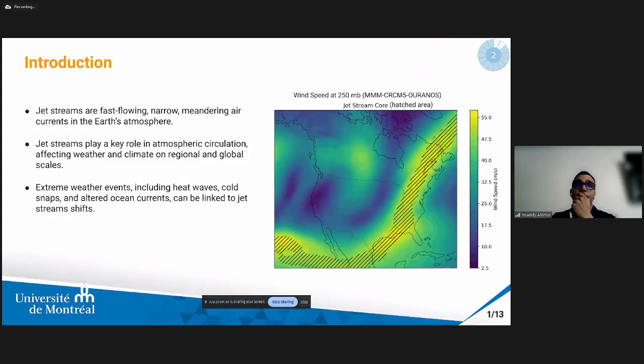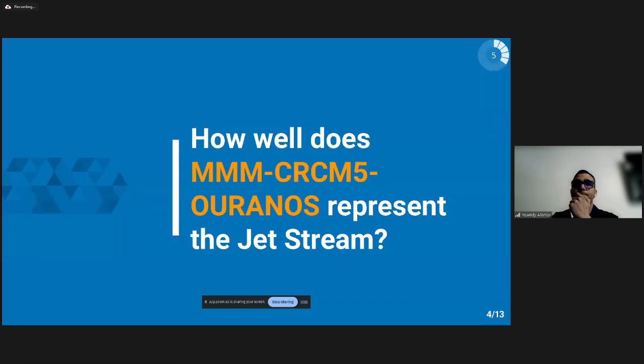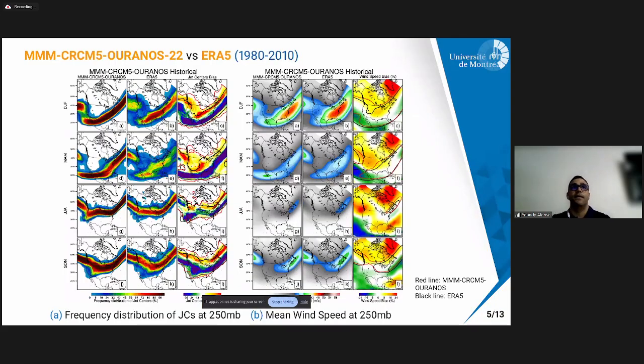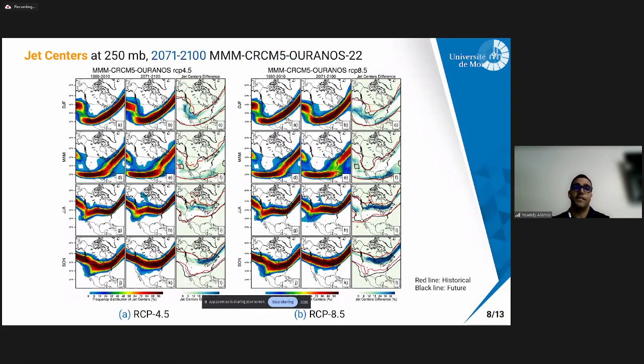That is a very good question. If the jet stream in the future projections moved northward, it would affect the pathway of the storms, for example.